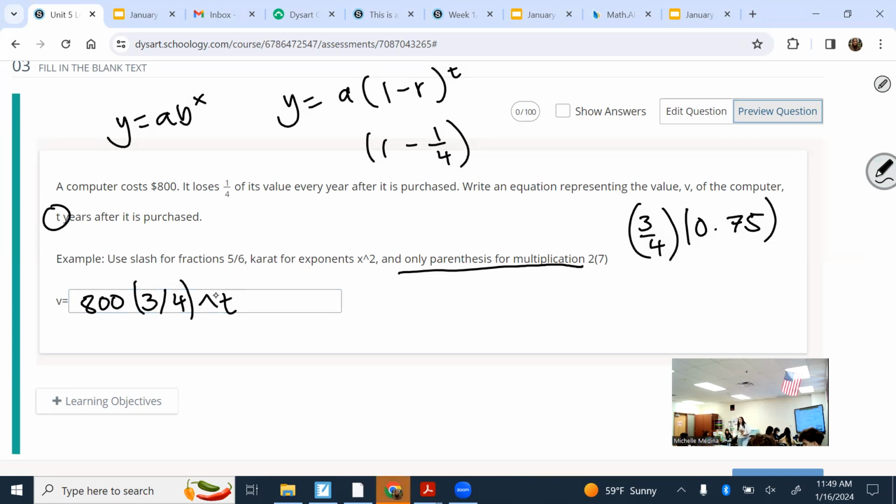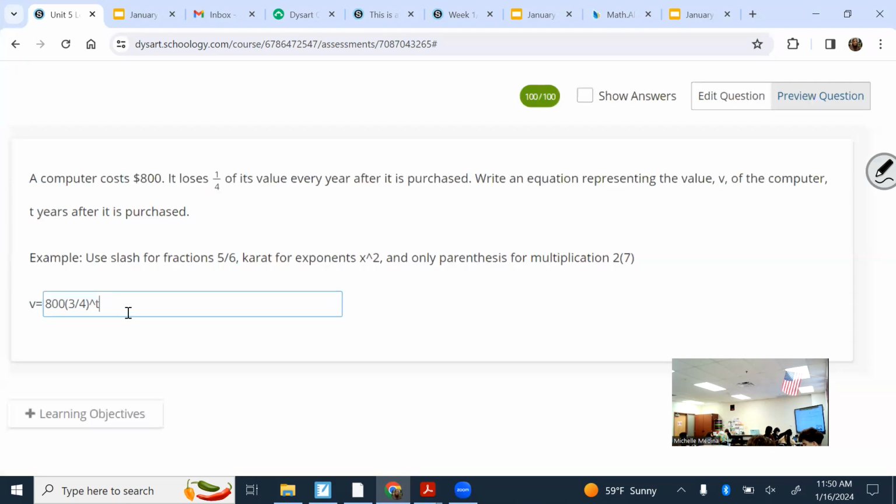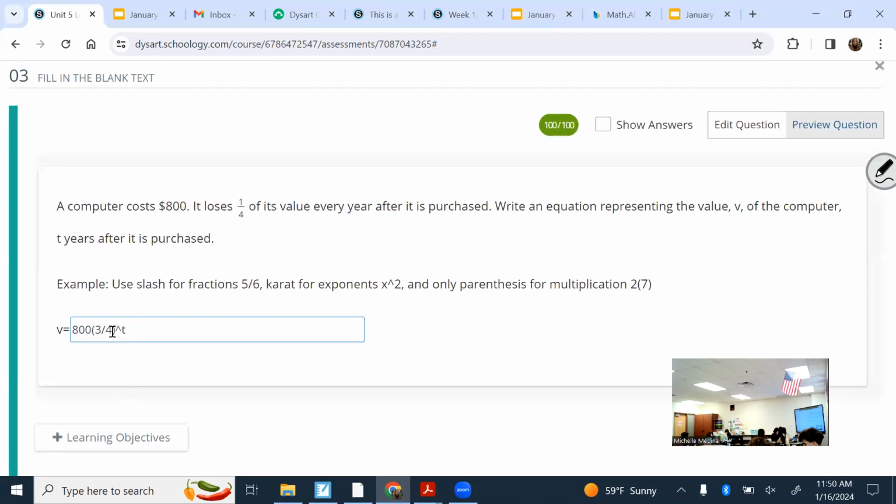Let me see all the different ways you could enter it, because sometimes it doesn't have all the ways and I need to add it, so give me 1 second. Okay, so the way that I typed it like this should work. Don't put any extra spaces or things like that. Let's see if it also accepts 0.75. Okay, it looks like it doesn't, so I might need to add that. Let's see if without the 0 it works.